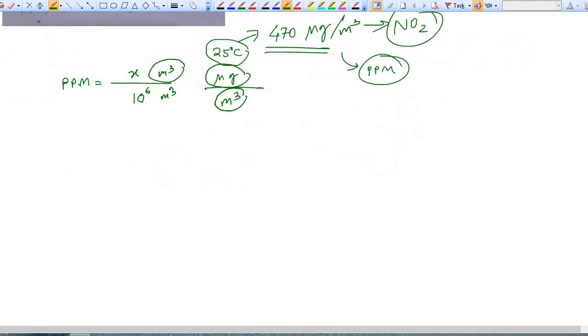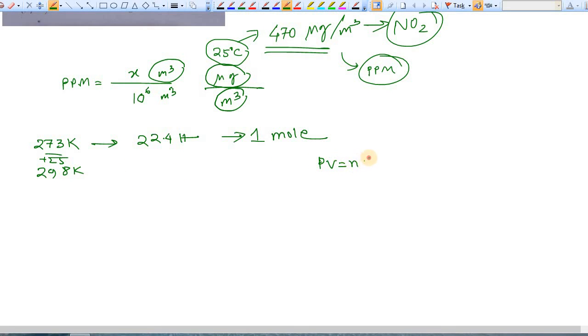Well, you know that any gas under STP, or at 273 Kelvin temperature with standard atmospheric pressure, has a volume of 22.4 liter for 1 mole. Okay, and here the temperature is 25 degree, that means 298 Kelvin. So for 298 Kelvin, by using the formula PV equals nRT, we can say V1 by T1 is equal to V2 by T2.